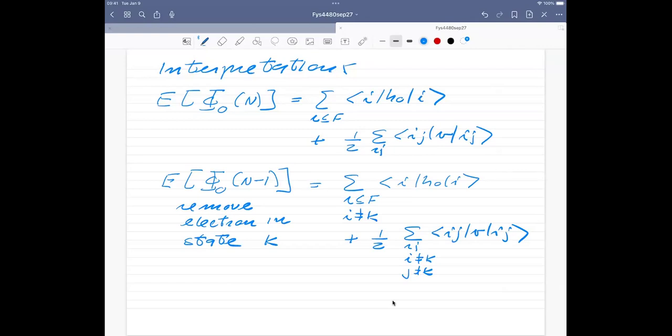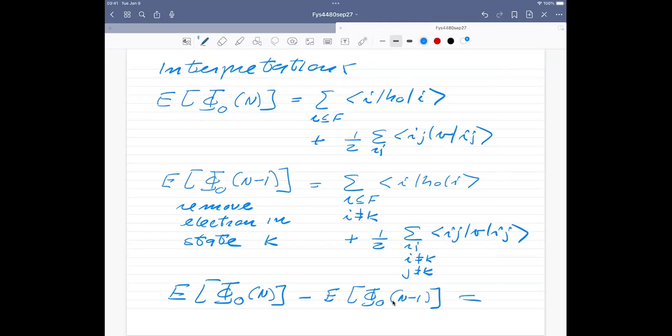Because if I take the difference between these energies, obviously the equations which you're going to see now, I could never get these if I didn't assume that the single particle basis is left unchanged by removing one particle. So that is an approximation, okay?